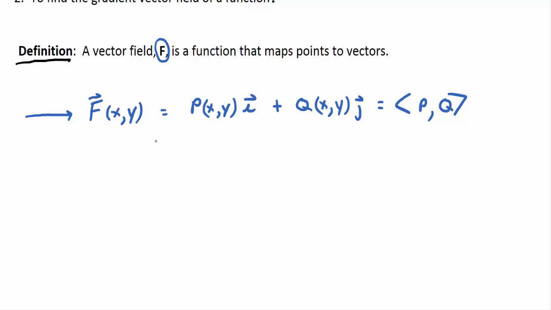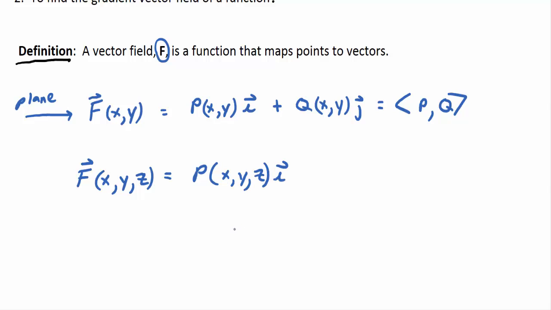And that could be done in the plane, as this one suggests. So this would be a vector field in the plane. And then, of course, you could map a point in R3, in space, F of x, y, z, to a vector in space, which you could represent as P of x, y, z times i plus Q of x, y, z times j plus R of x, y, z times k.